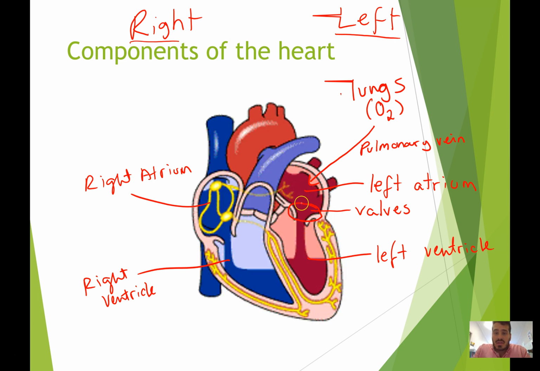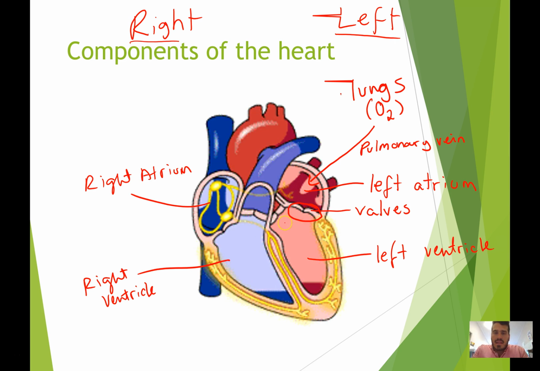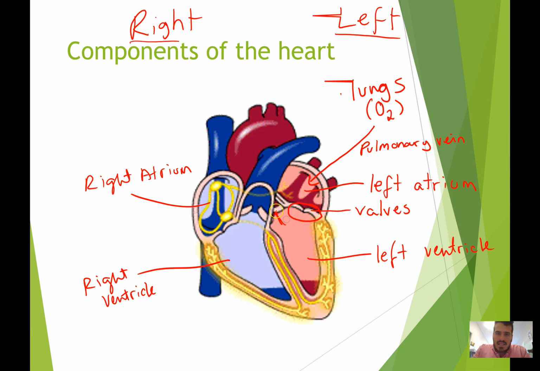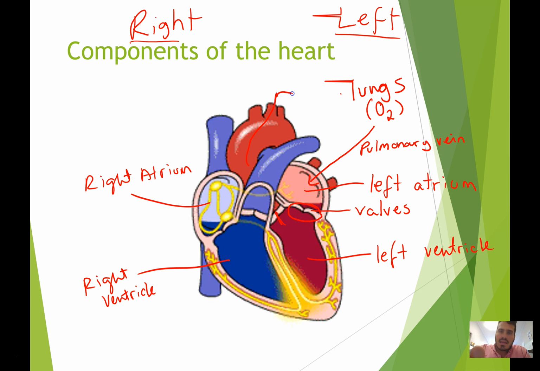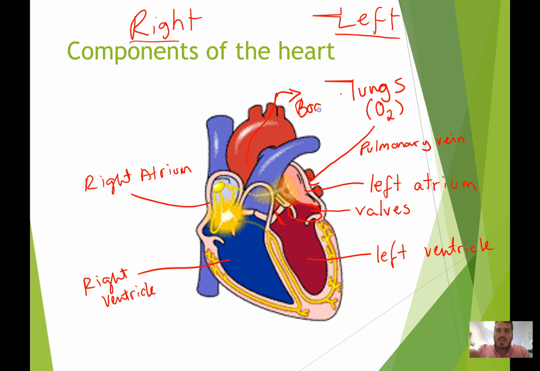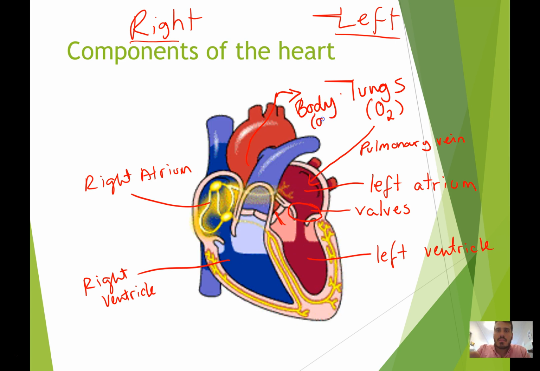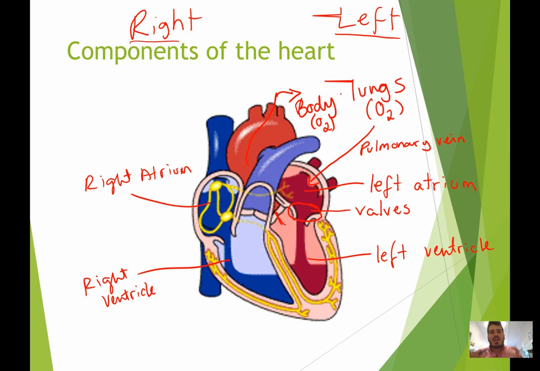From the pulmonary vein, we're going to go into the left atrium. The left atrium literally just guzzles out its blood into the left ventricle. And then from the left ventricle, it goes, can you see this little valve here? And that valve goes up here and out this way to the body, right? So we're taking oxygenated blood to the body, okay? And this passageway is actually our very biggest artery in our whole body.